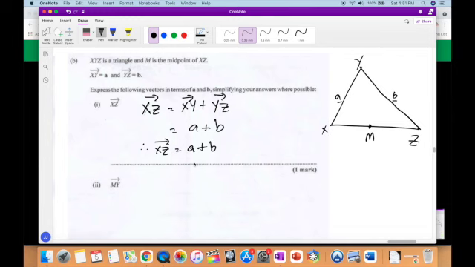Do not make the mistake of seeing one mark and thinking, okay, I could just put the answer. No. Forget about how many marks it is and make your statements. Look at this. This is a story and anybody will read this and fully understand what I did, especially if I have a diagram in the corner.